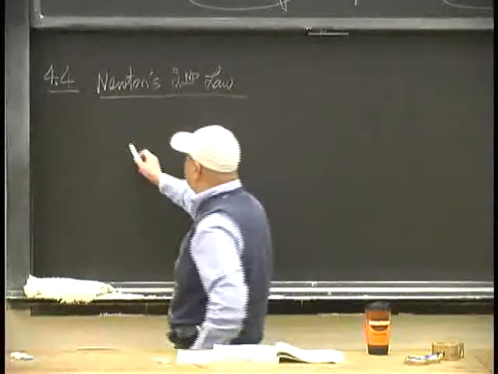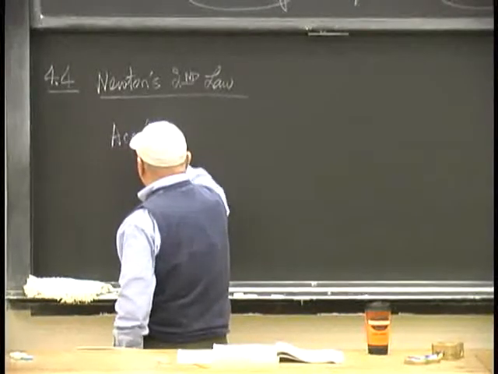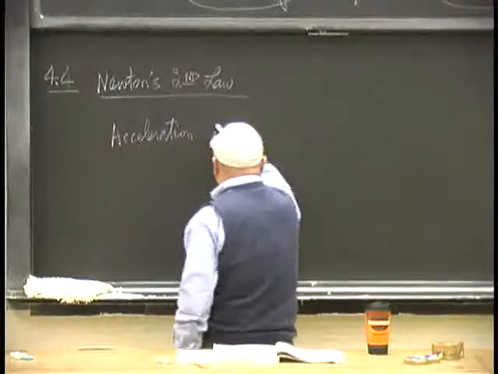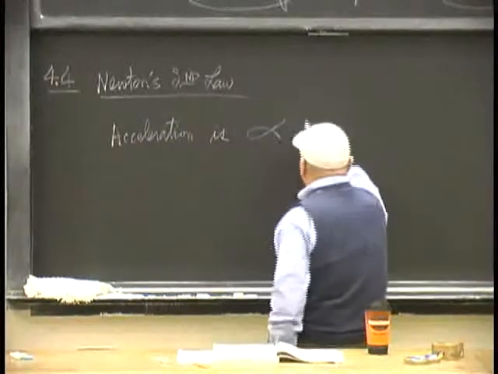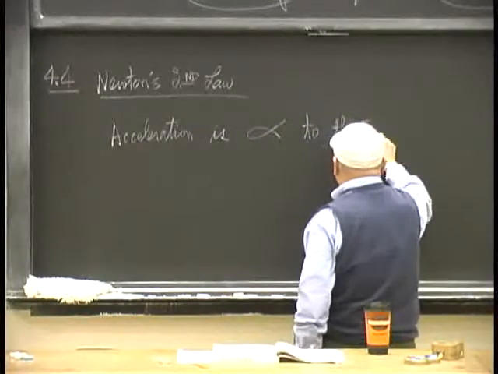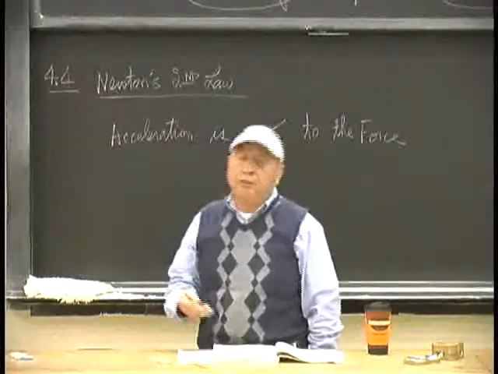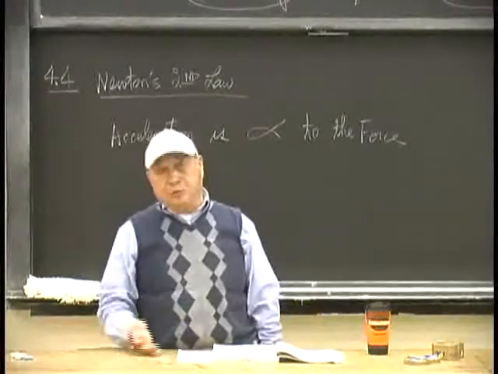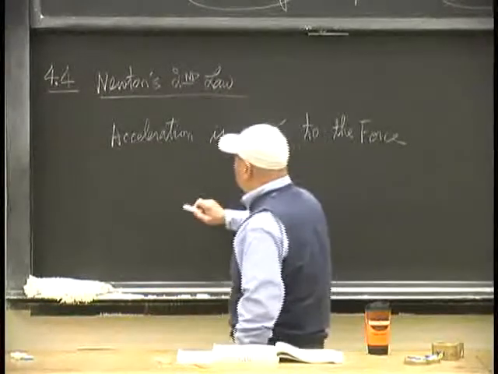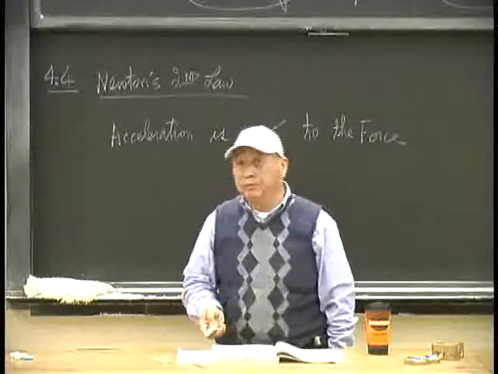So Newton's second law says acceleration is proportional to the force. So the larger the force is, it will give us the largest acceleration. Since the force is a vector, acceleration is a vector as well.